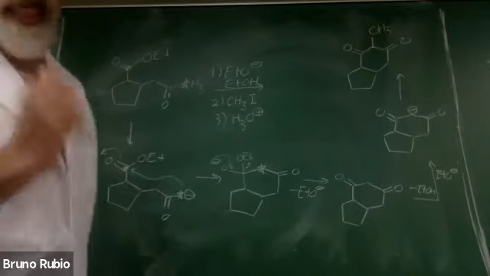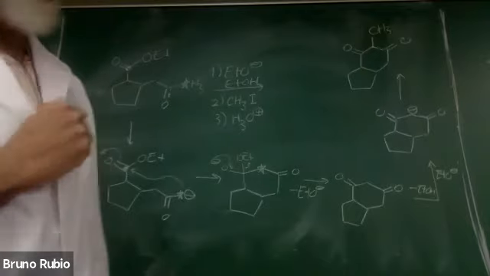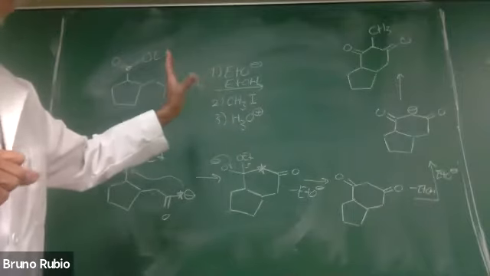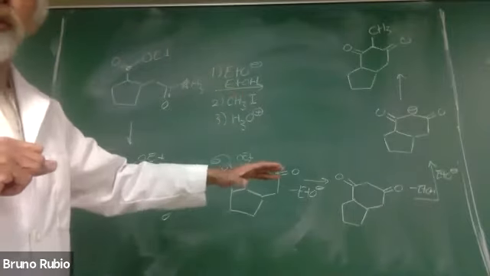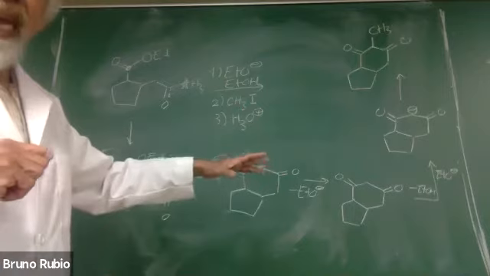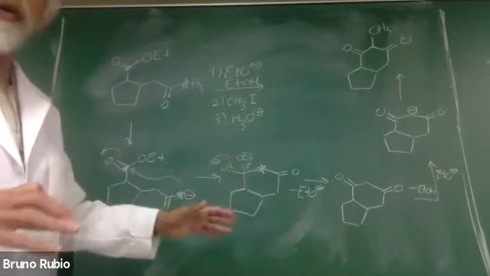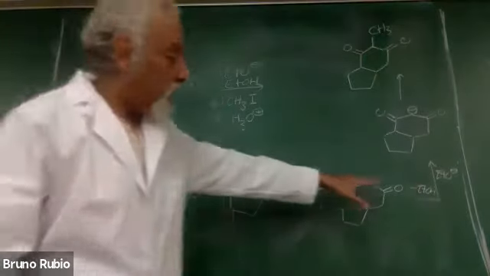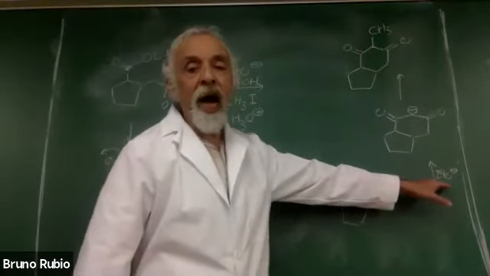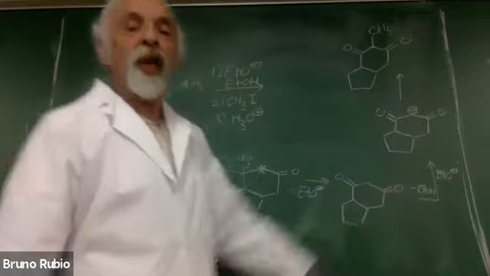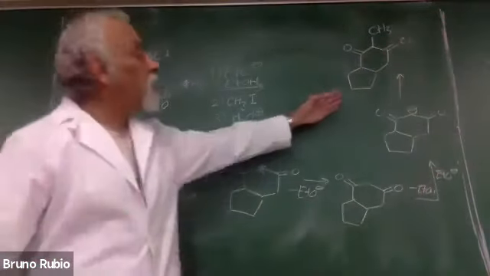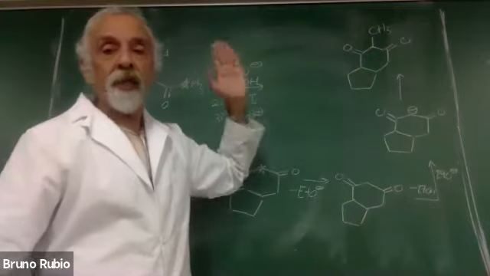And that workup with acid is just getting rid of any residual base that remains. There's really no new chemistry there in step three. It's just getting rid of any EtO minus that might remain, converting it all to ethanol. Okay, so that would be the final product.